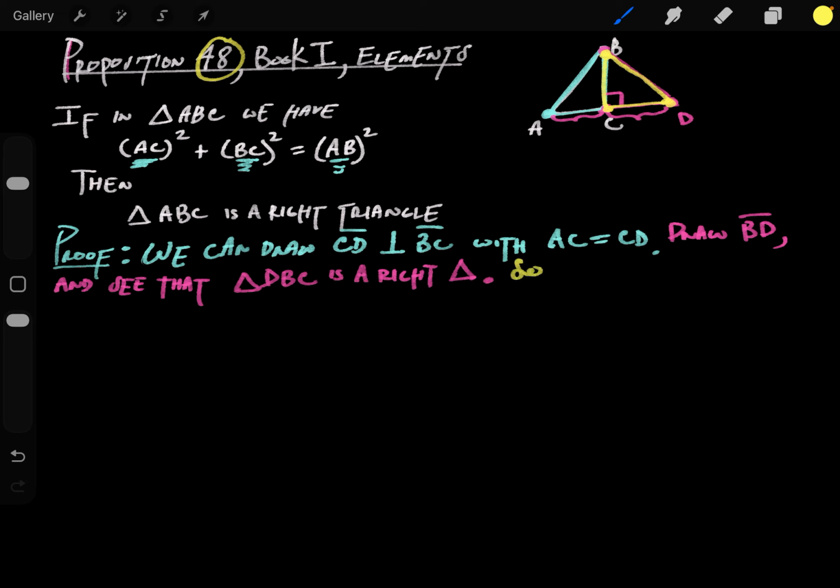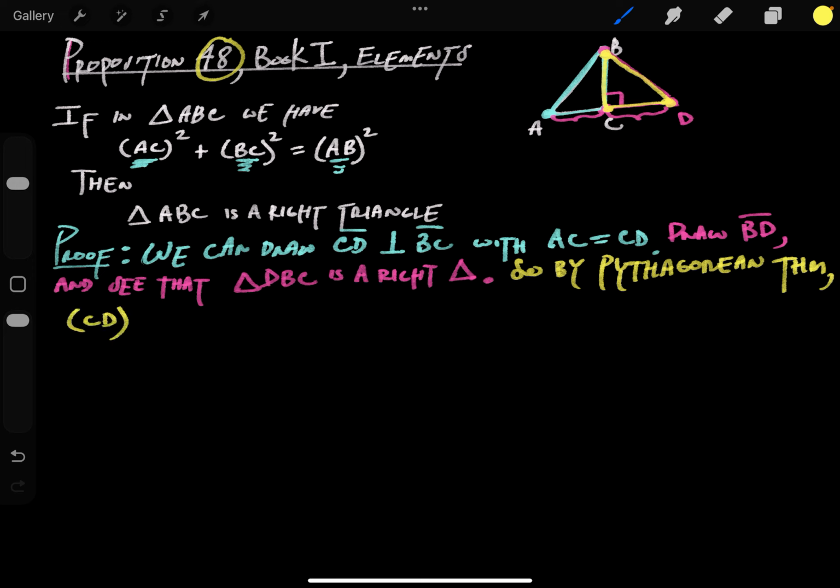So by the Pythagorean theorem or Proposition 47, we have CD squared plus BC squared is equal to BD squared.